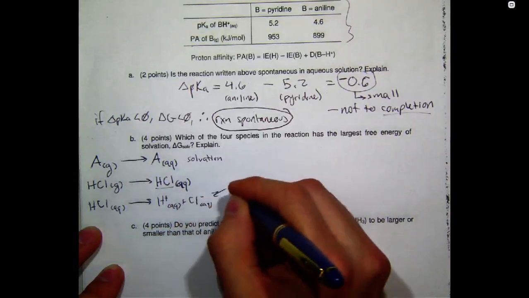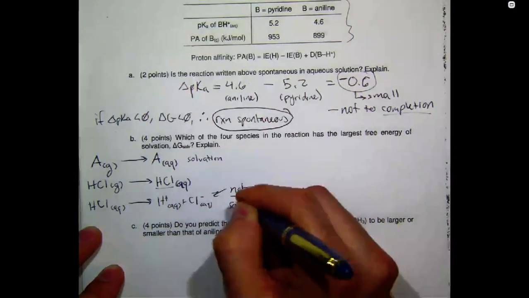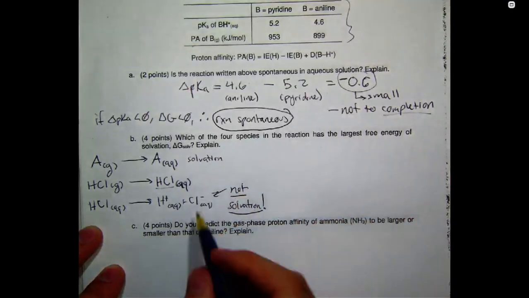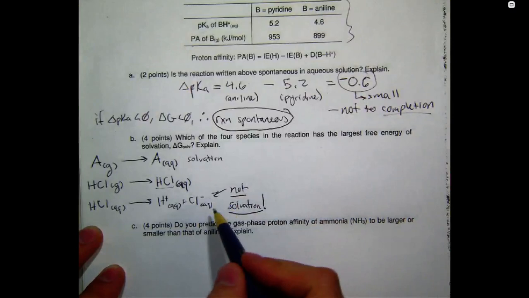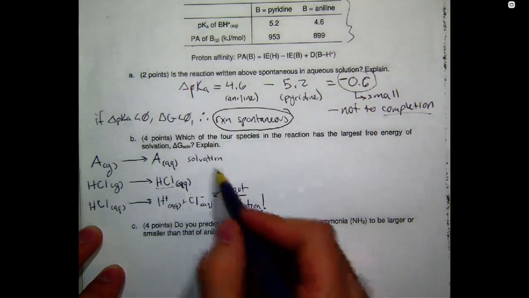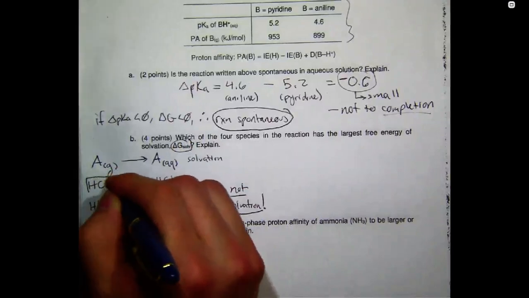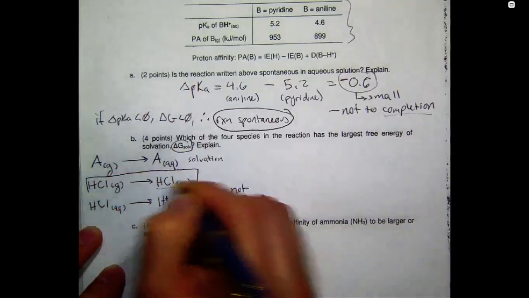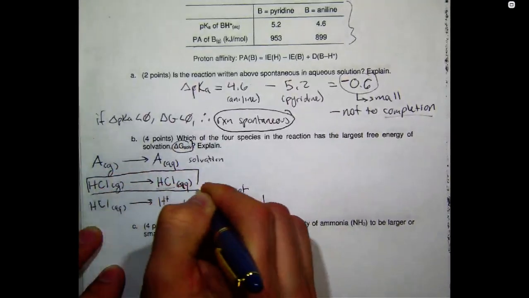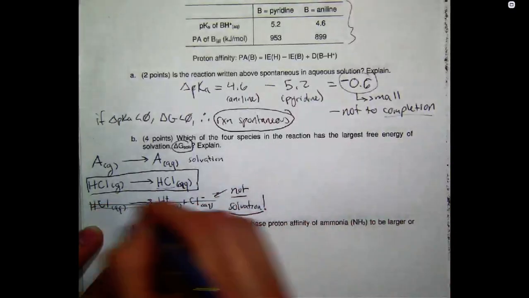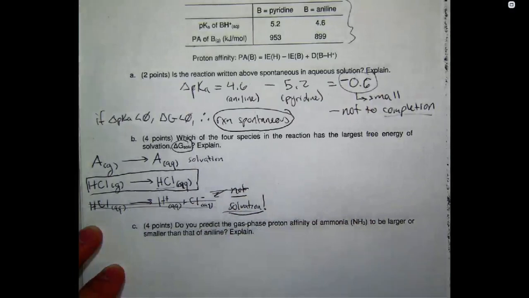This is not solvation. This is a completely different process from solvation, and it's not described by delta G solvation. So all we're going to worry about to answer this question is reactions that look like this. Taking something from the gas phase into the aqueous phase. So let's just cross this out. I just wanted to explain the difference there.